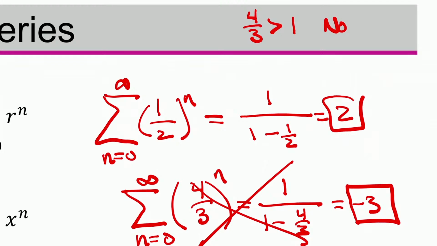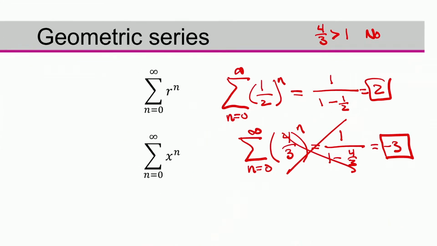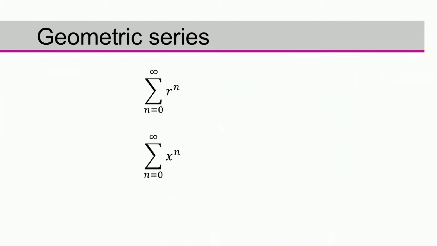That's the key there. The formula is 1 over 1 minus r, as long as r is between -1 and +1.